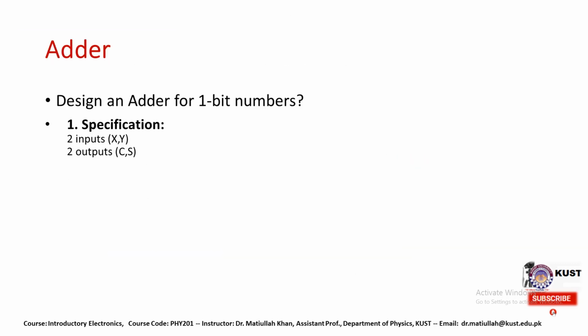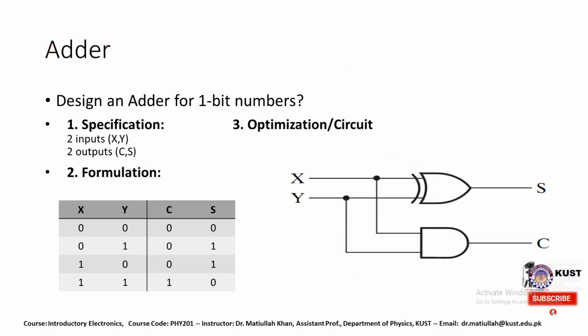So this is the combination that leads to that. The truth table basically describes the combination of all possible input and output values.